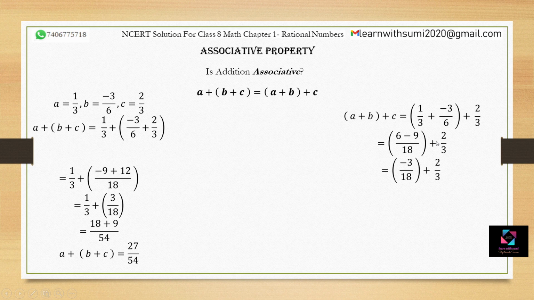Minus 3, that is 6 minus 9 is minus 3 divided by 18 plus 2 by 3. After cross multiplication, 3 3s are minus 9, 18 2s are 36 divided by 18 3s are 54. Now after simplification you will get 27 by 54.